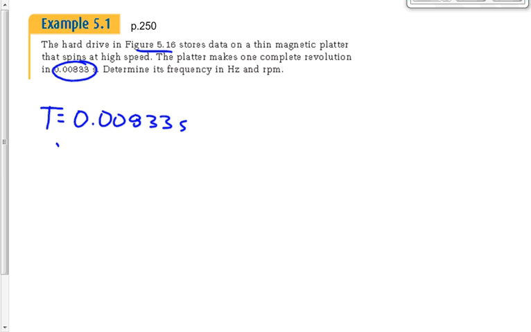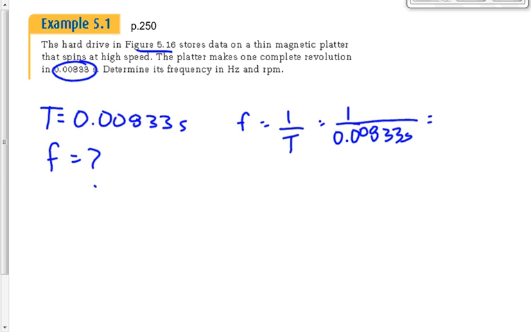If I want to find the frequency, then I can simply say f is equal to 1 over T. 1 over 0.00833 seconds, I get 120.048 hertz. I'm going to round that to 120 hertz, but I'm going to keep the unrounded number there as well because I have to convert the unrounded number to revolutions per minute.